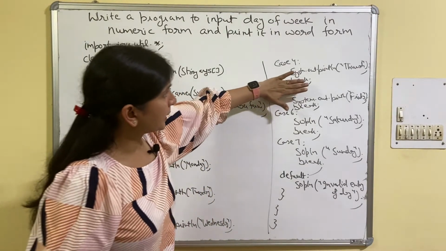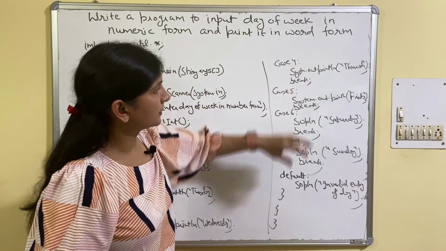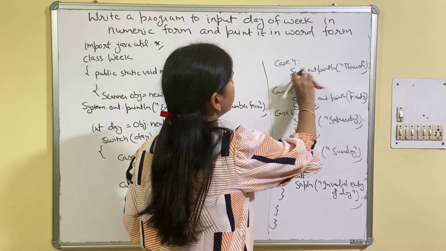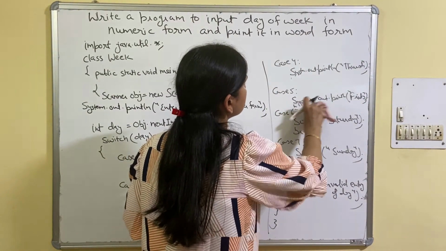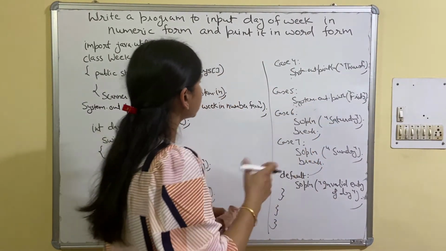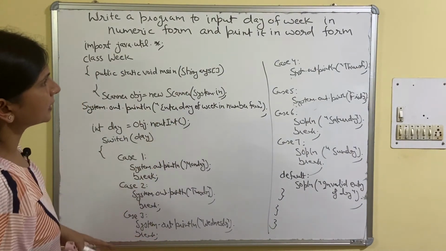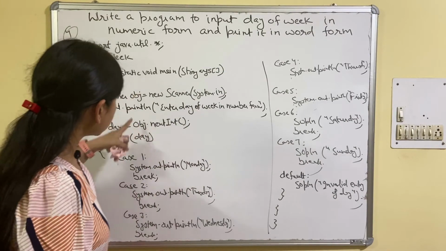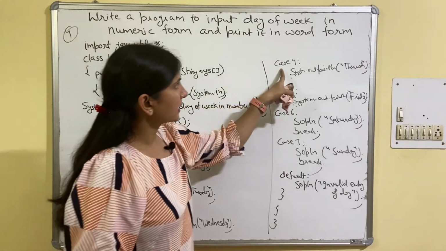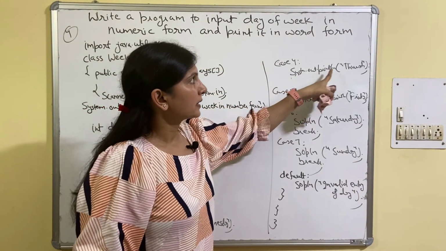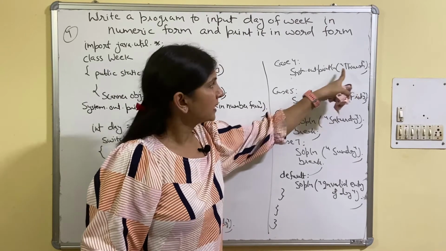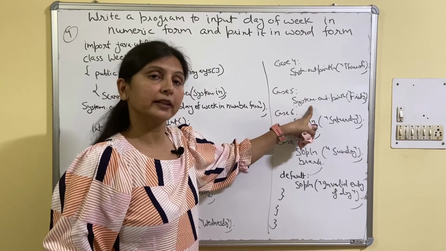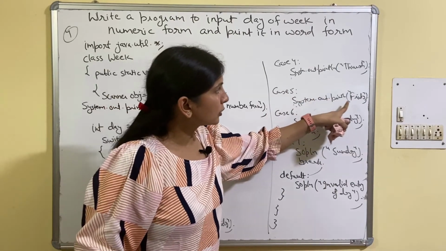If I remove the break statement from here, okay, let me show you what is the use of break. If I remove these two breaks, fine, and the user input I am giving 4. So first it will match all the cases, so it will come here to case 4, okay, then it will display Thursday, so it will not get the break statement, so it will enter case 5 also. Again System.out.println Friday.